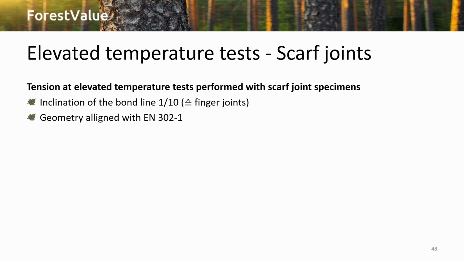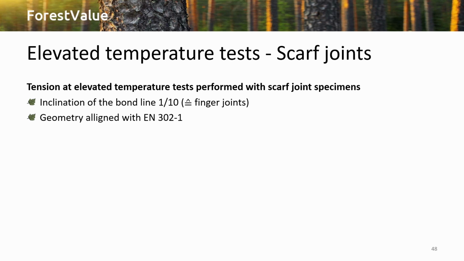Now, a completely different test was the test with scarf joints, where we tried to idealize the behavior of a finger joint in small scale, which can be produced in a laboratory before going to a company.